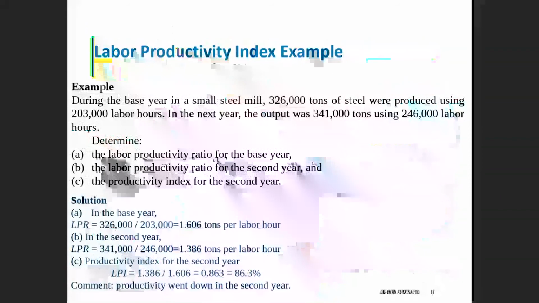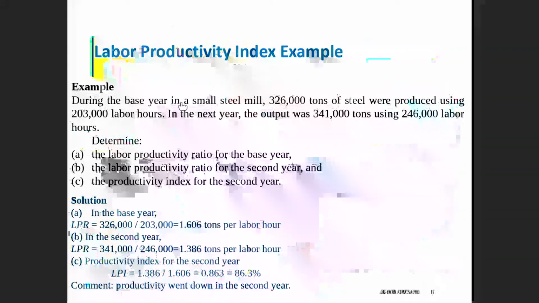Okay. There is an example, so let's see how we calculate or use this method. During the base year, when it says the base year, identify where the LPRB is.